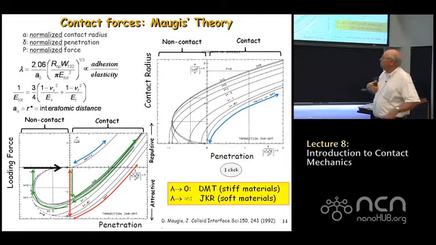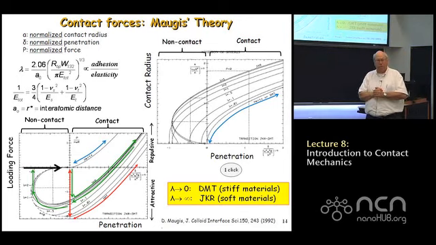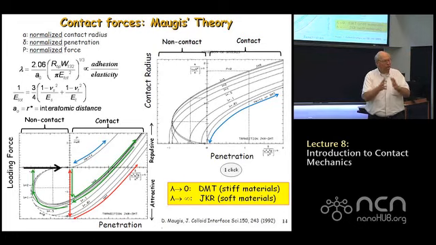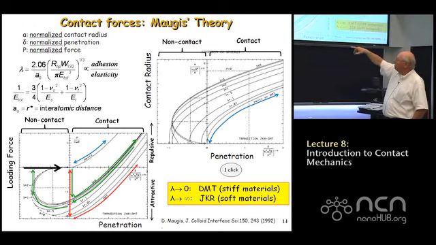So if lambda is 0, or a very small number, then the DMT model is appropriate. As lambda gets very large, as it approaches infinity, then you go to JKR, and for any value of lambda in between, you have to follow the appropriate line for the appropriate value of lambda for your system, right?